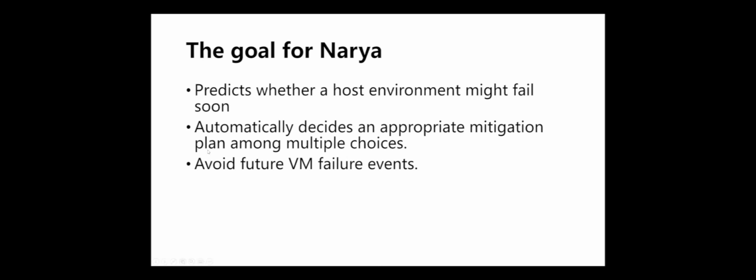So next, we're going to see how Naya works. This is the workflow of Naya. You can see it has four parts: monitoring, prediction, decision, and mitigation. Next, I'm going to introduce the four parts one by one. The first part is monitoring.